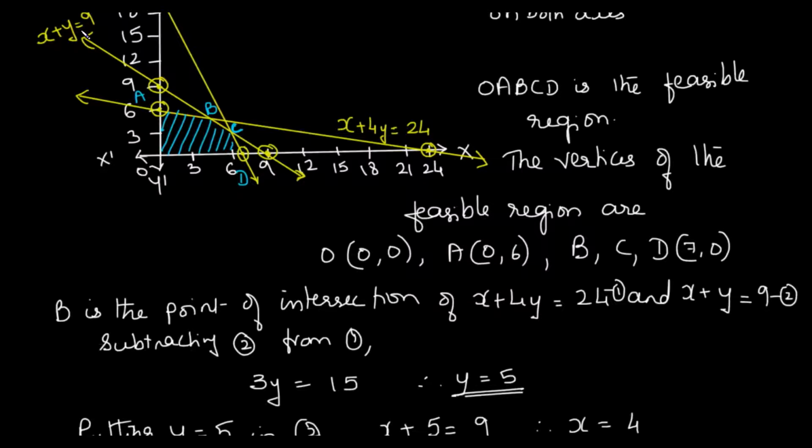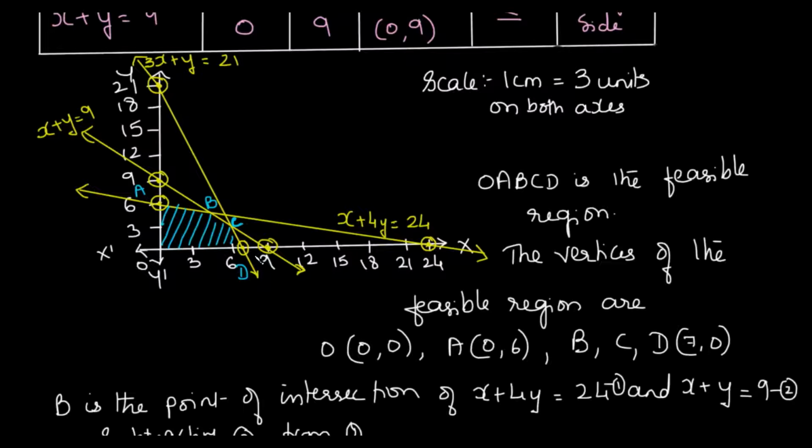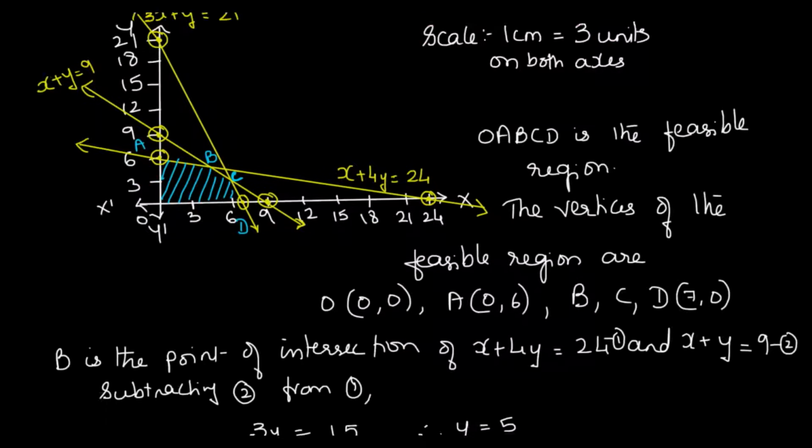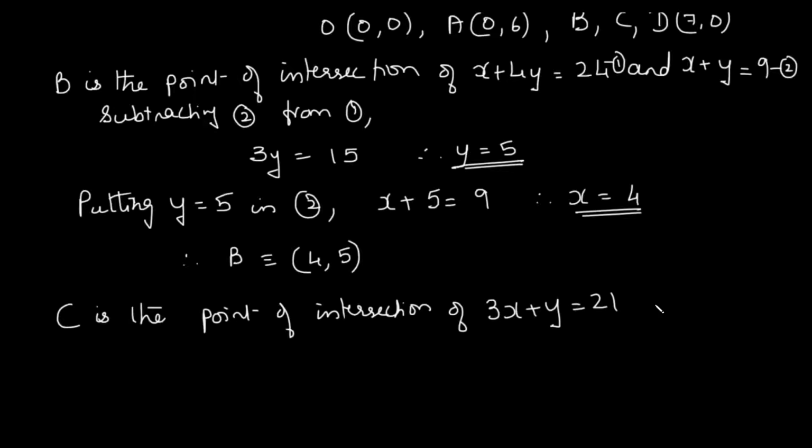As you can see, C is the point of intersection of x plus y is equal to 9 and this other line whose equation is 3x plus y is equal to 21. So that is what we are writing over here. So C is the point of intersection of 3x plus y is equal to 21, let this be equation 3, and x plus y is equal to 9, equation 4.